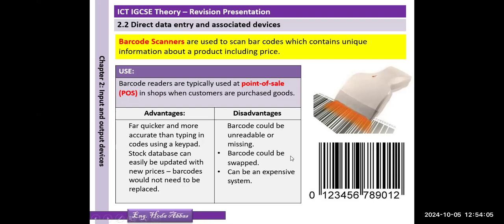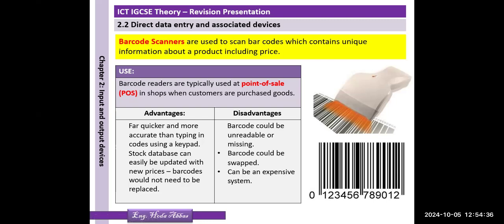For example, if you get this experience that when you stand in front of the cashier, when he tries to scan with his barcode reader the barcode of any product that you buy, then if it's not allowed to scan, what will the cashier do?